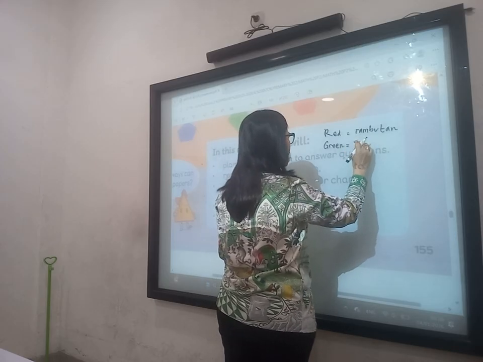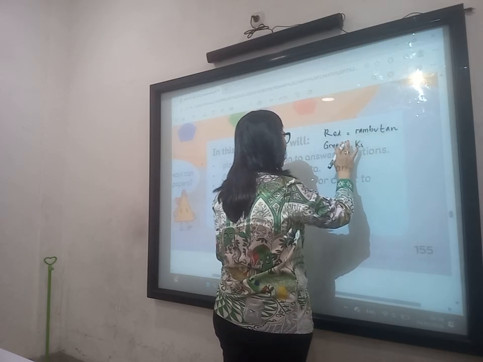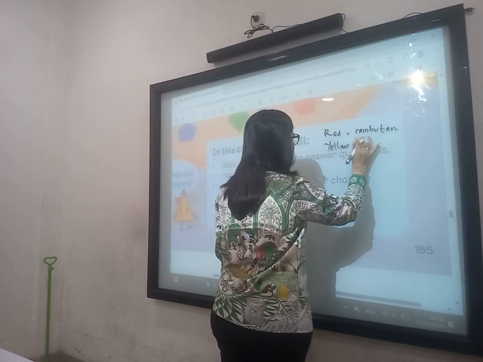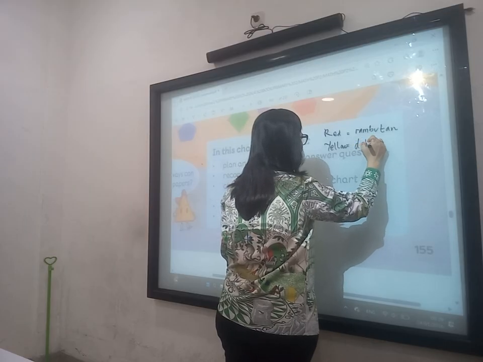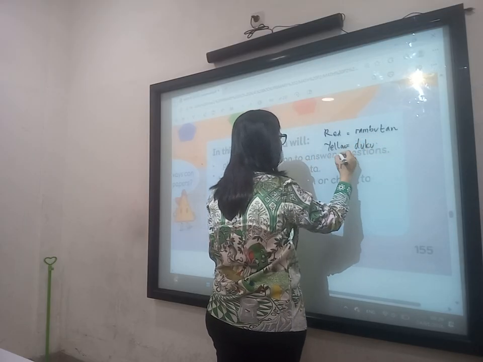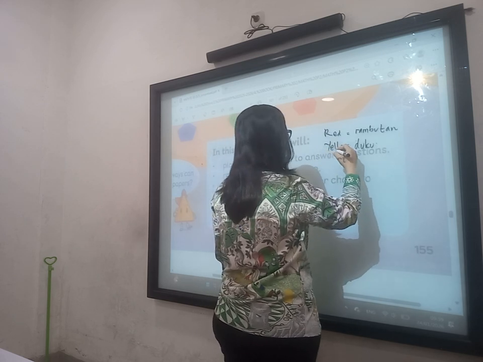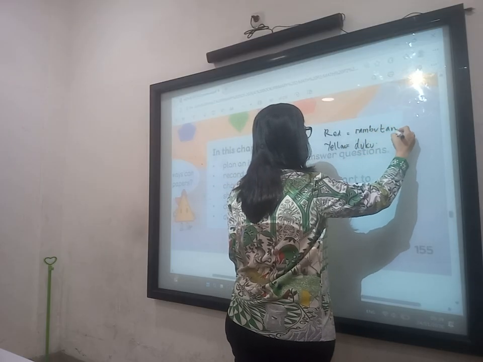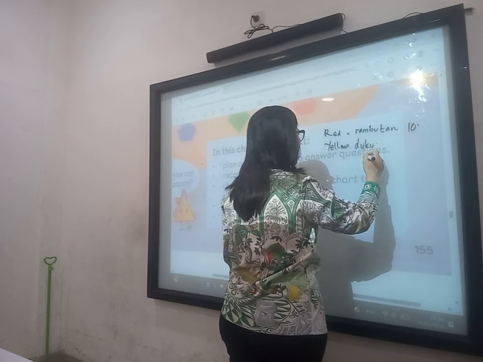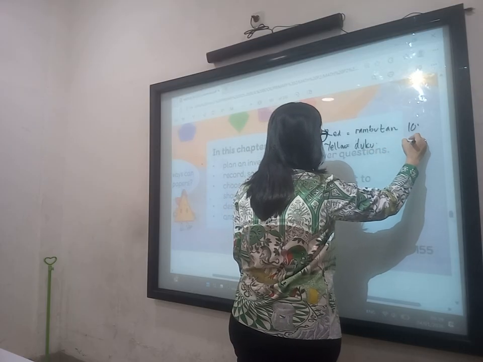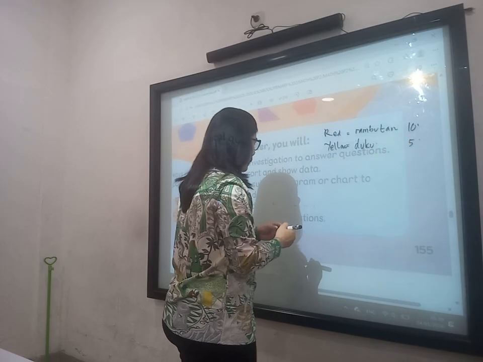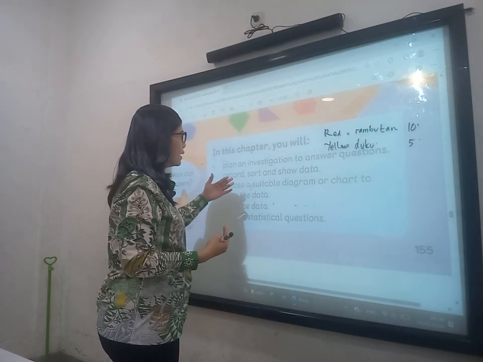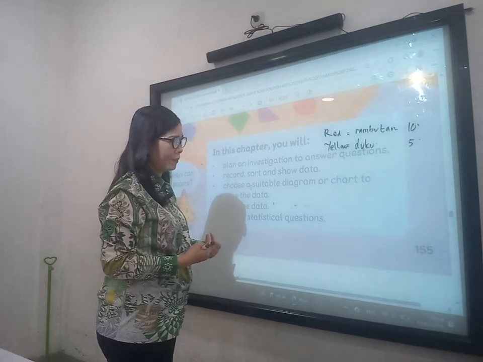Oh, for example, yellow, for example, blue, and then the color which is, let's say, and then how many students like blue, let's say that's 12 students, and then she can prepare that by using this diagram.